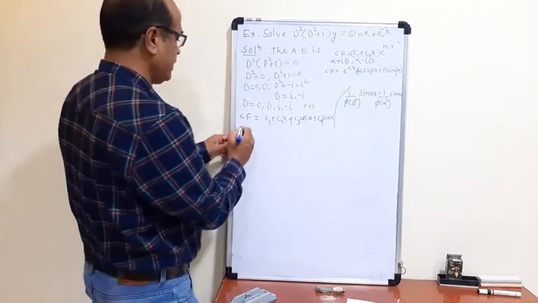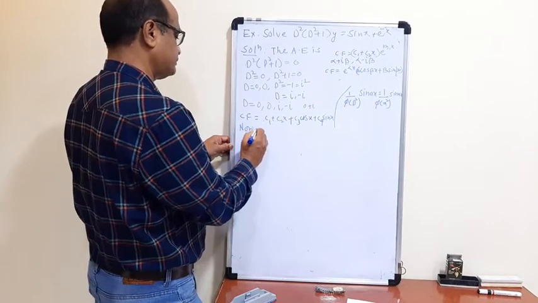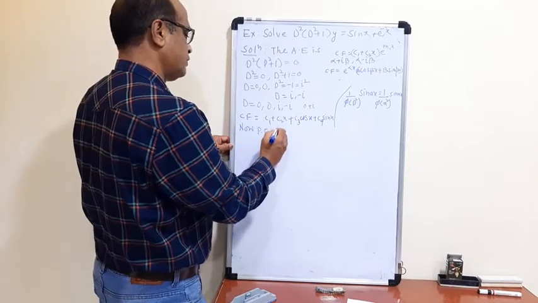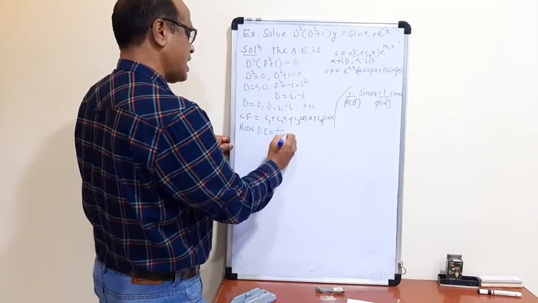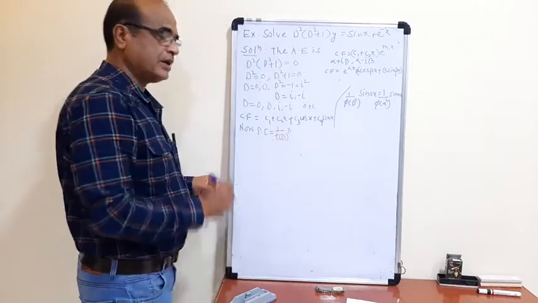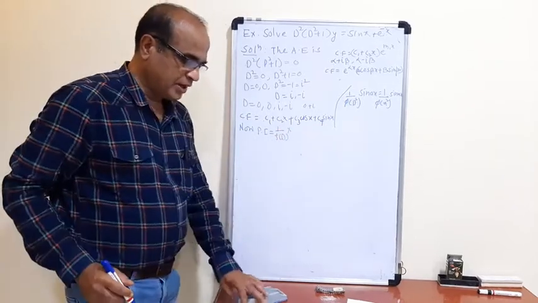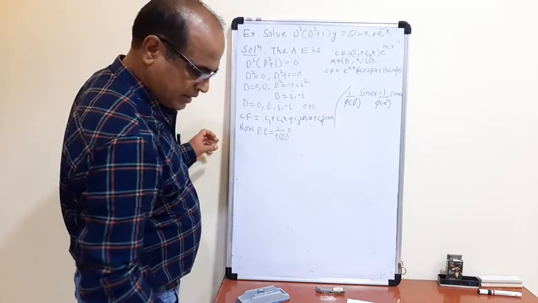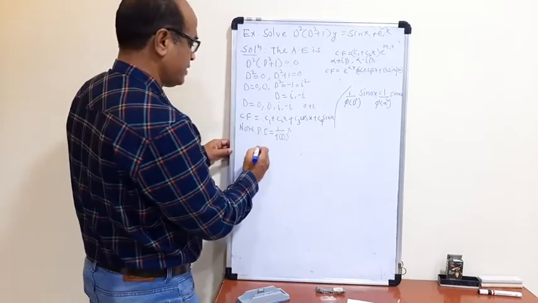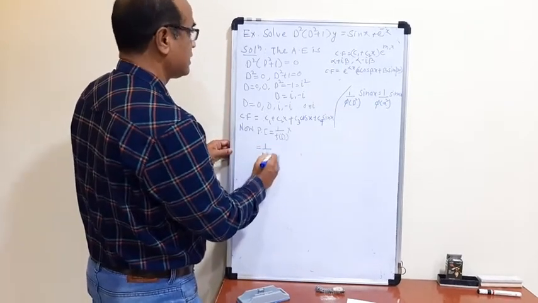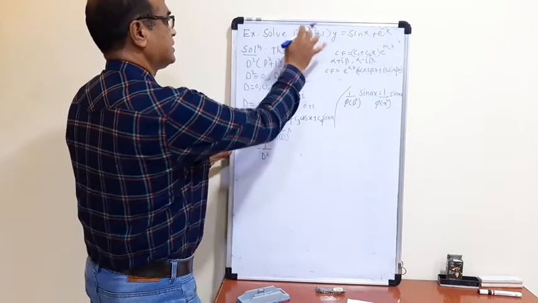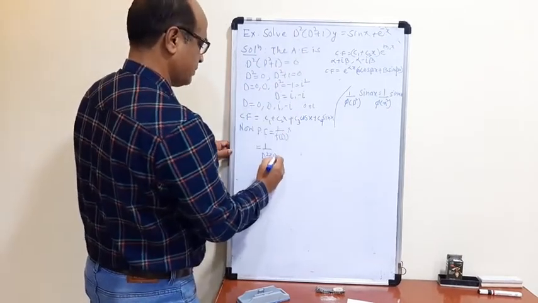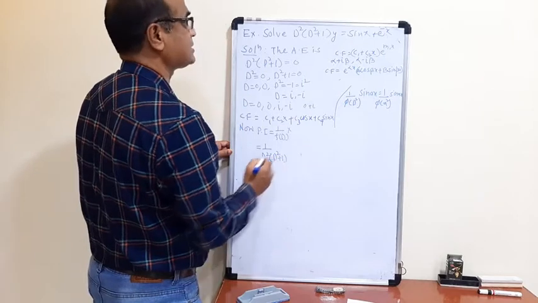Okay. Now the particular integral. PI is equal to 1 upon f of D times X. What is f of D here? f of D is D square plus 1. What is X?